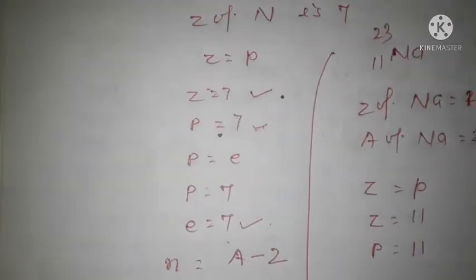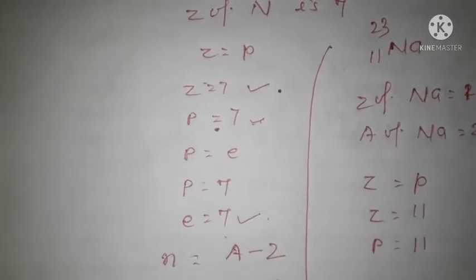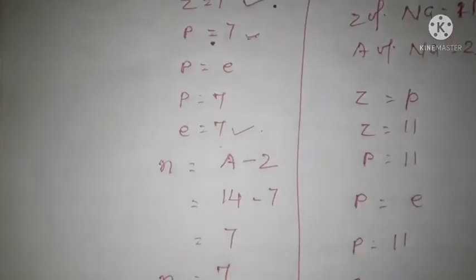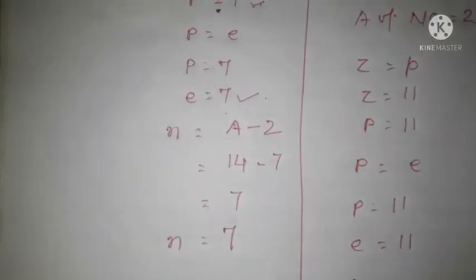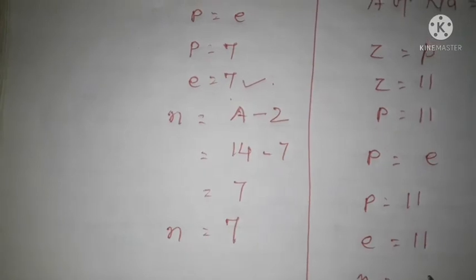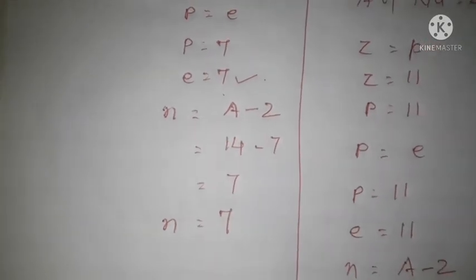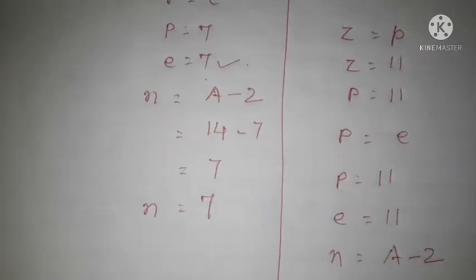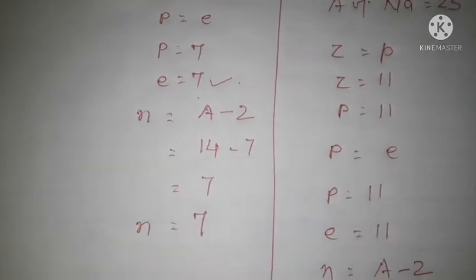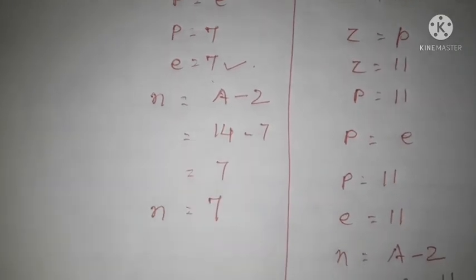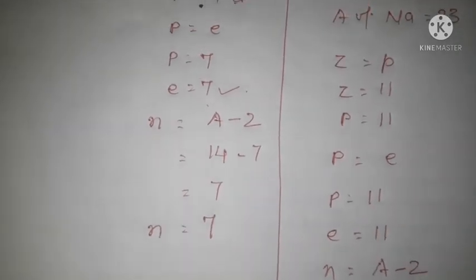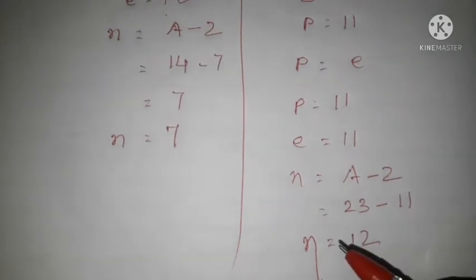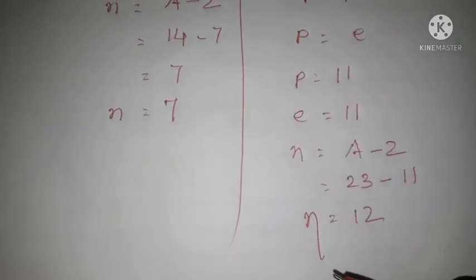Now we derive the number of neutrons. Neutron is equal to A minus Z. A of sodium is 23, subtract 11, and we calculate the neutrons of the sodium element.